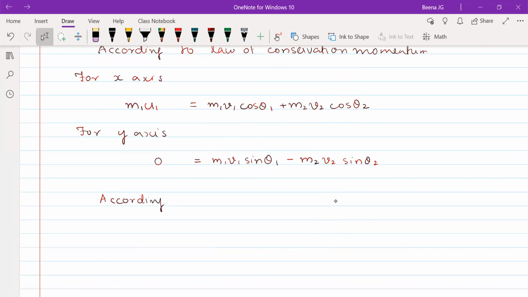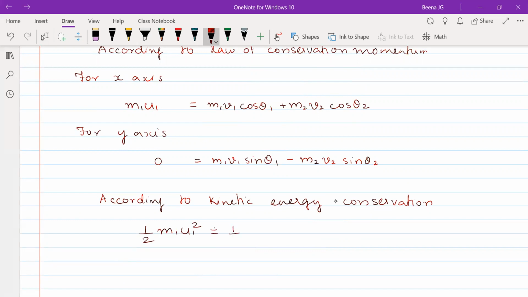According to kinetic energy conservation, the initial kinetic energy is half m1 u1 squared, and the second one is at rest, so it won't contribute anything. This is equal to half m1 v1 squared plus half m2 v2 squared, since m1 is moving with v1 and m2 is moving with v2. That's all we have to write for kinetic energy conservation.